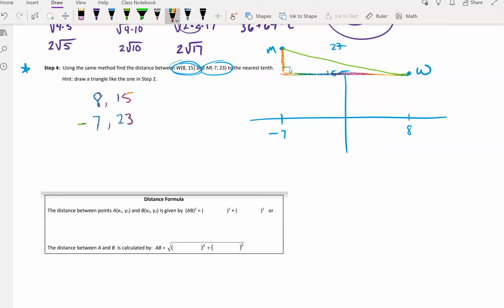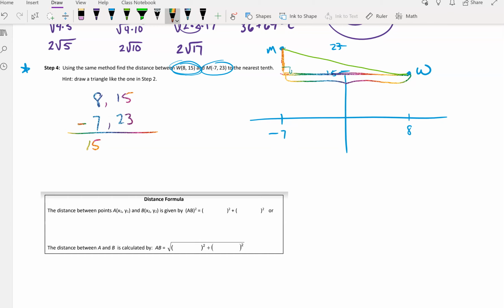But I want to subtract my x values and I want to subtract my y values. Let's see if that looks like it's going to work out. 8 minus a negative 7. So I'm actually subtracting a negative, which means I'm going to get 15 as the total length between these 2 points for my x difference.